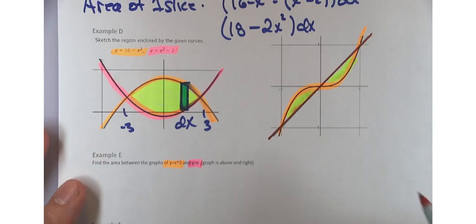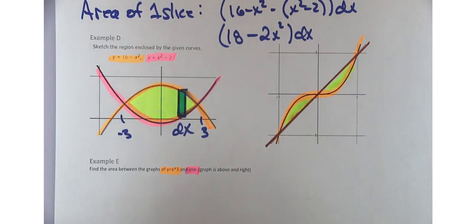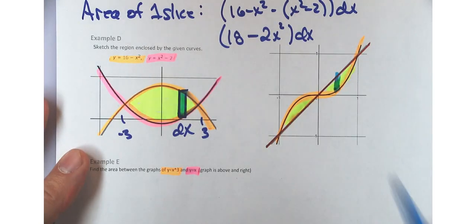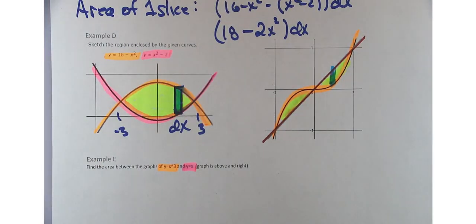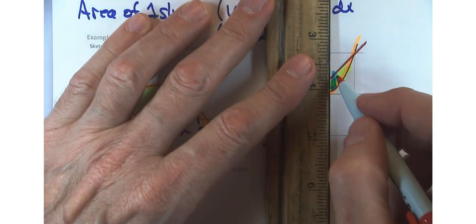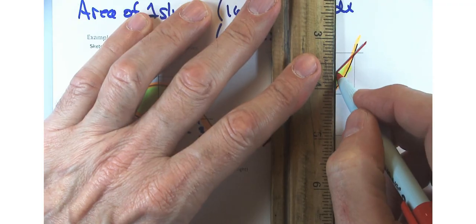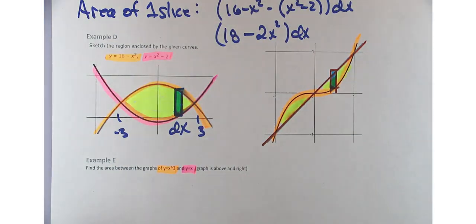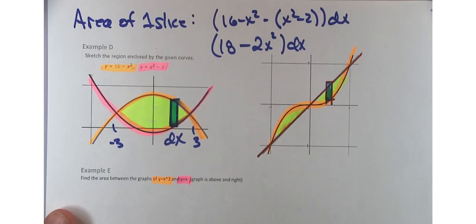So let's take a little dx slice here. Question? So here's our dx slice. Try and set up the area of one slice.